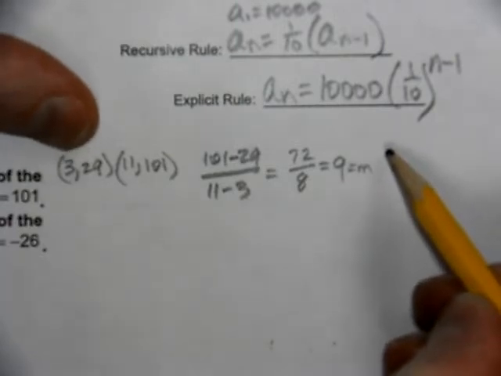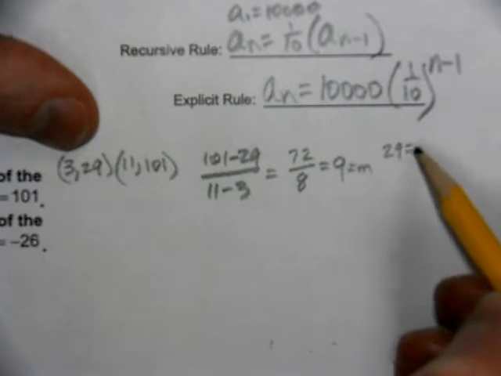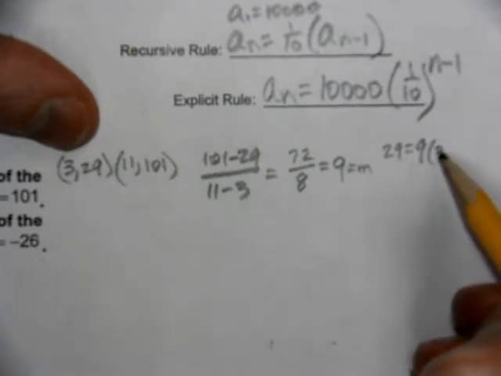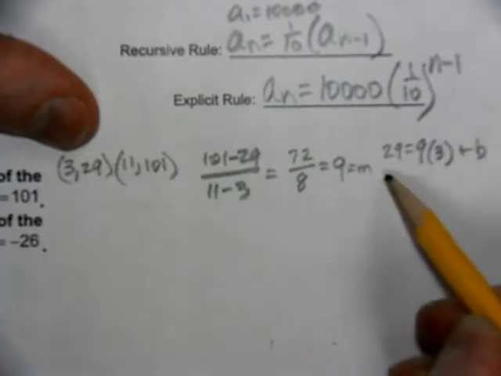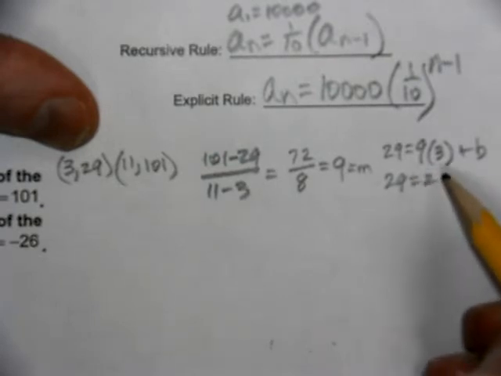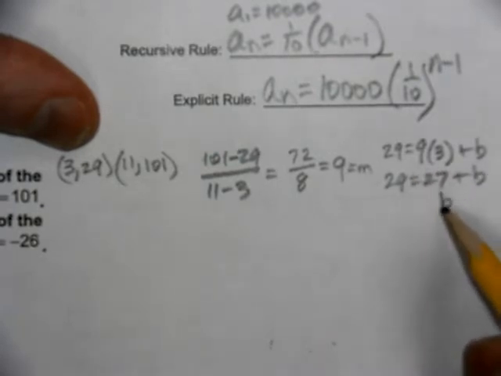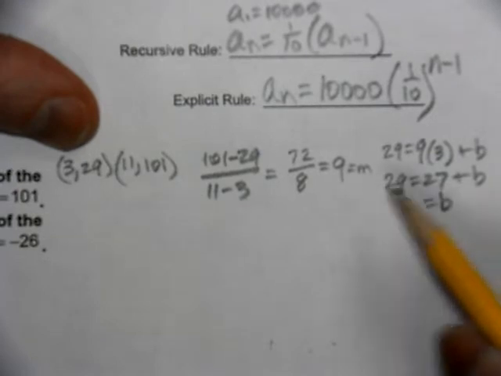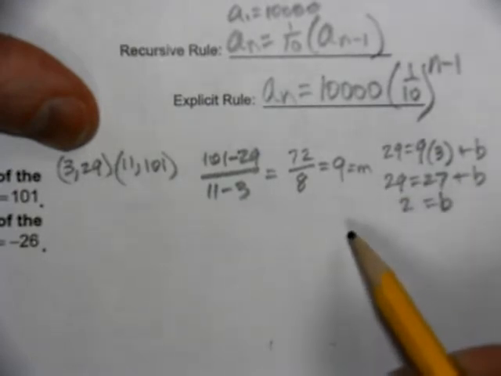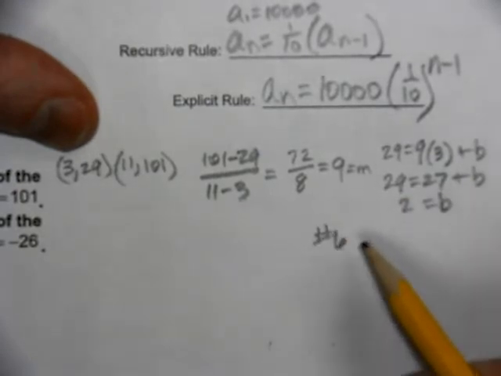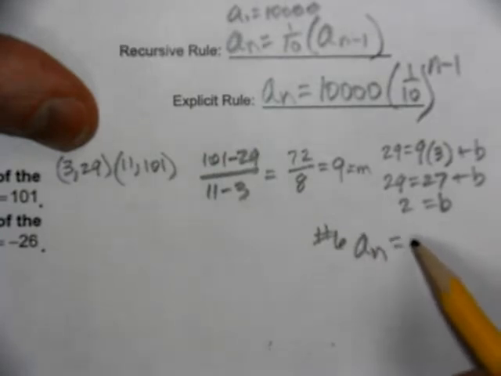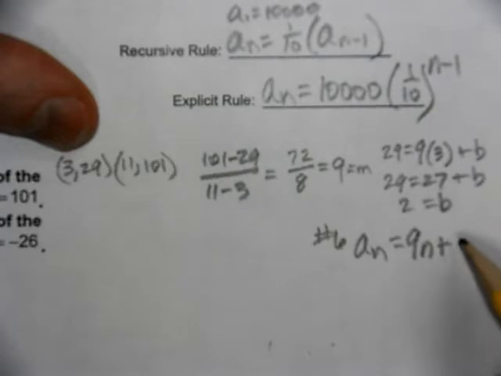And then we will take our point with our slope and our x plus b. 29 equals 27 plus b. So b is going to equal 2 when we subtract it across. So our answer to number 6 would be a of n equals 9n plus 2.